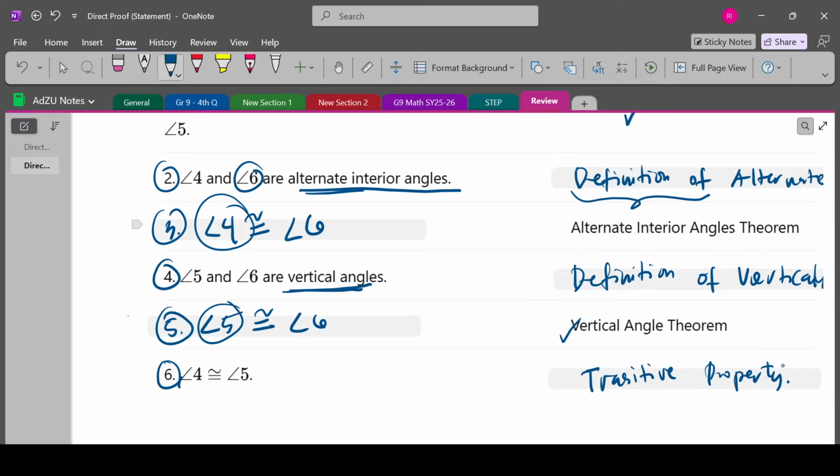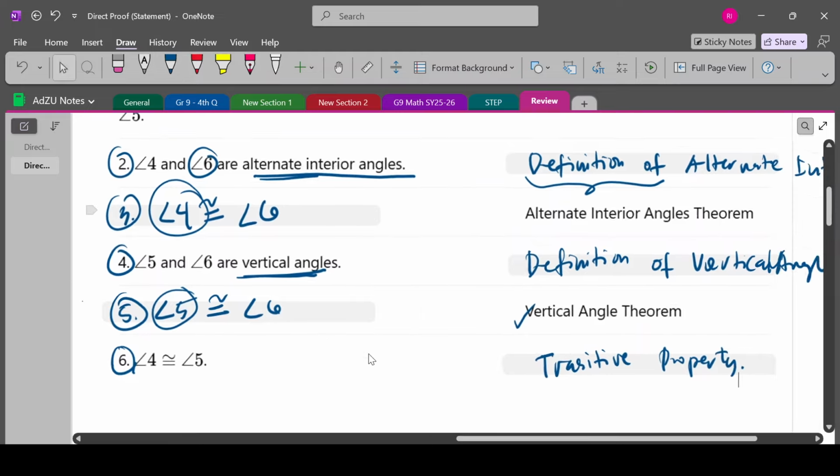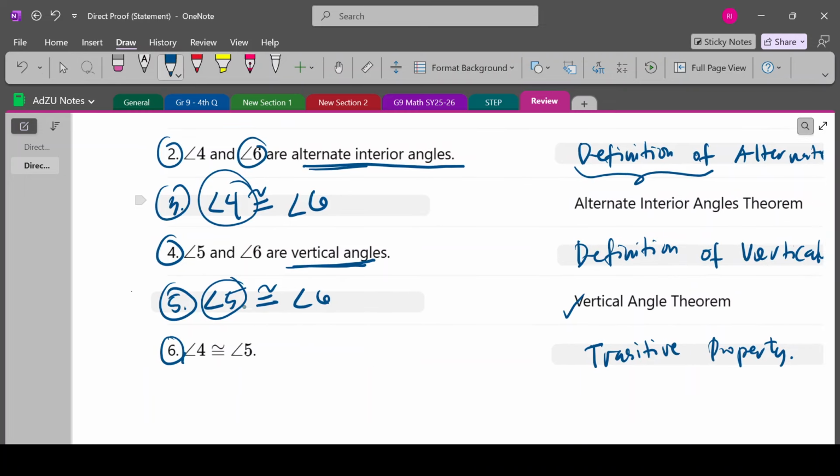Yan. Ganyan na lang. Ano pa to say, ang 5 and 6 per statement number 3. So that concludes that 4 and 5 are congruent because I used these two statements. Okay, that's it.